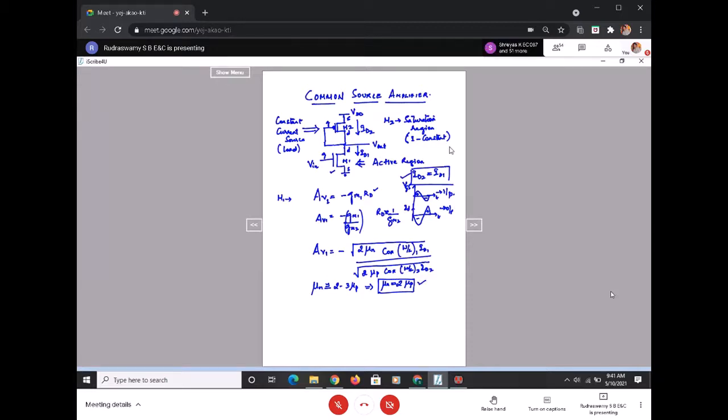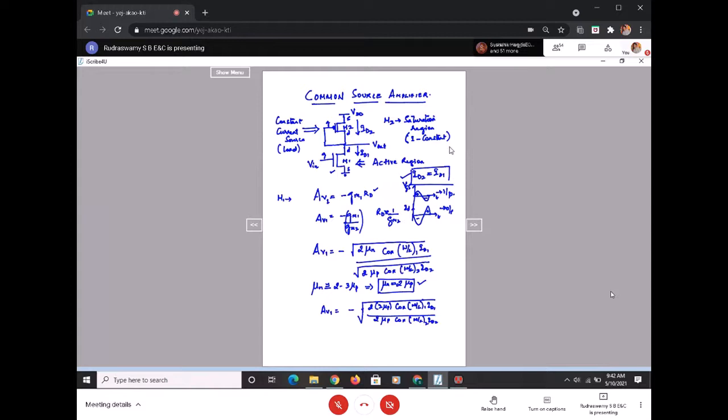Now I'll just replace wherever mu n is there with twice mu p. So my AV1 becomes minus of a root. I'll take this entire root common now. It is 2 times 2 mu p Cox W by L of 1 ID1 divided by 2 mu p Cox W by L ID2.